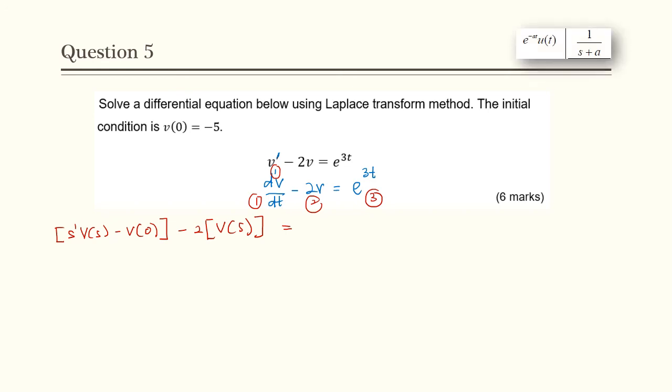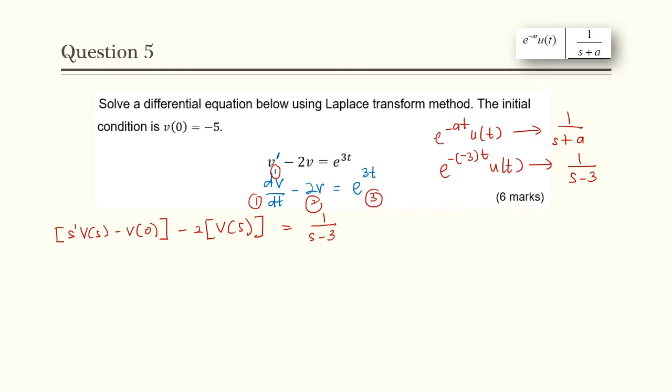So refer to the table. When you have e to the minus at ut, it will produce 1 over s plus a. In this case, you have e to the power of 3t, so it's negative 3 in the form e to the minus at ut. So you know that your a is equal to negative 3, so this is equal to 1 over s minus 3.